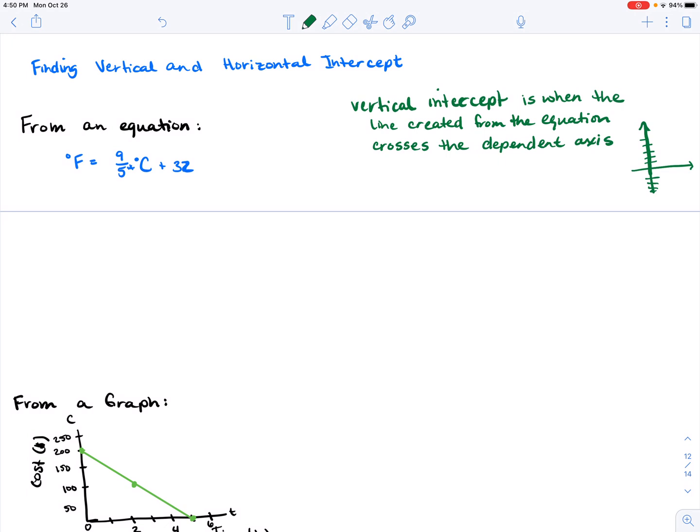So in this example, because we're looking at Fahrenheit, and I can have negative temperatures, my Fahrenheit is dependent on my Celsius. So my Celsius is the independent and my Fahrenheit is the dependent. In order to find something on this line, where it only touches this line, I need to set my Celsius to 0.